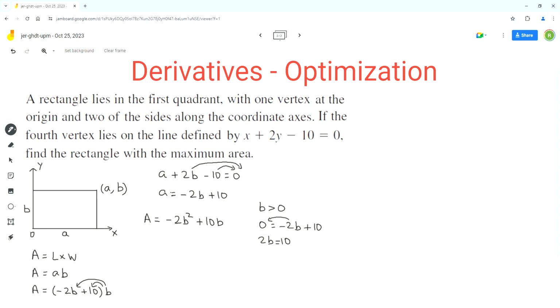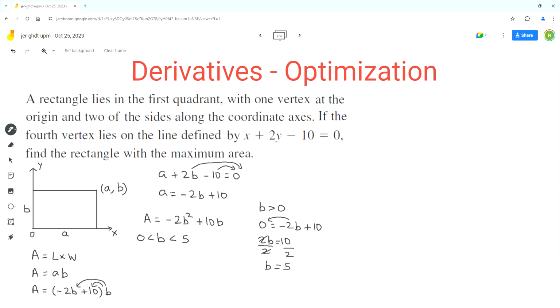Now we can divide both sides by 2. I get B equals 5. But A cannot be equal to 0 because if A is 0, that means the length of the rectangle is 0. So that means the domain for this function is B is greater than 0 but less than 5.